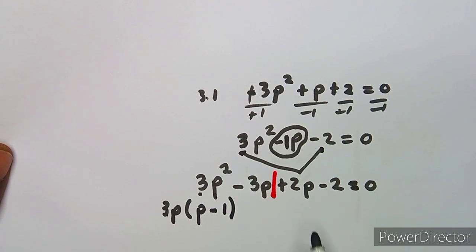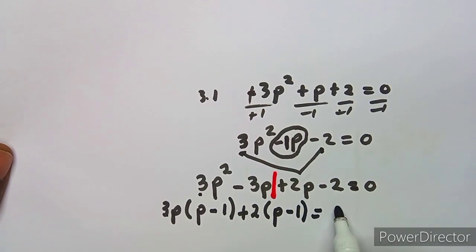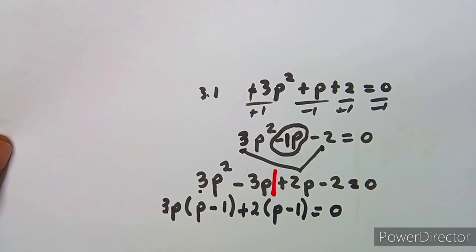Then 2 is common on these two, so we factor out plus 2, which gives 2p divided by 2, which is p, minus 2 divided by 2, which is minus 1, is equal to 0.